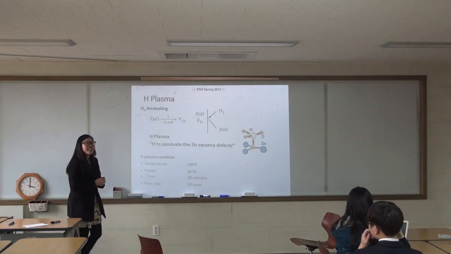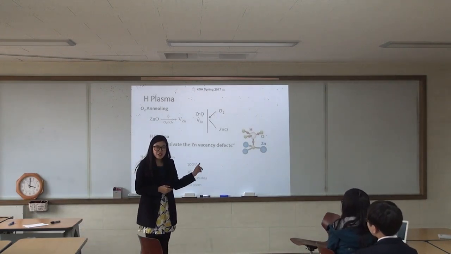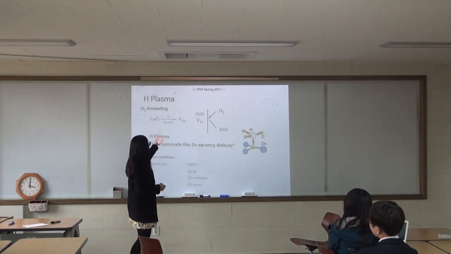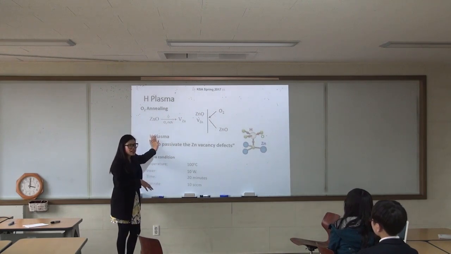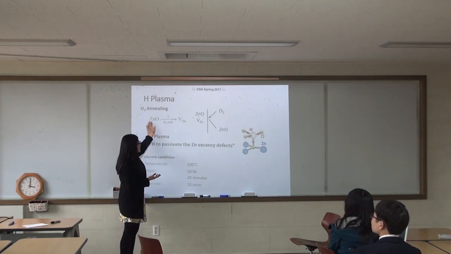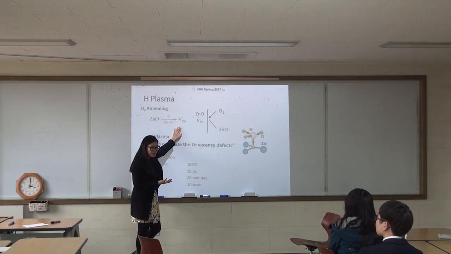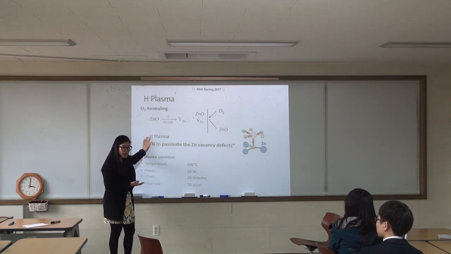Okay, but like I said at first, after annealing, I also did plasma. I did hydrogen plasma on the oxygen anneal sample. Why? Because from our result, I think it should be zinc vacancy. But to prove it, I did hydrogen plasma.